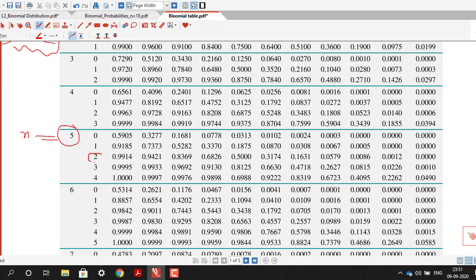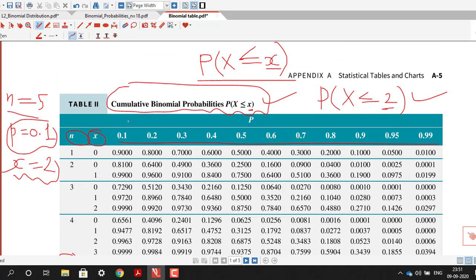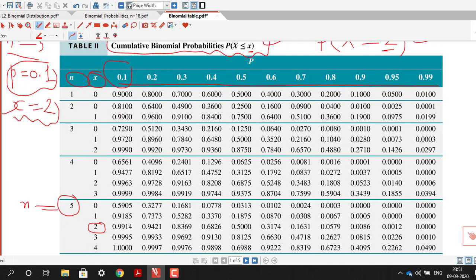So this is the row corresponding to x equal to 2. And we have to find out p equal to 0.1. So you can see this first column after small x is 0.1. So this is the column corresponding to 0.1. And this is the row corresponding to x equal to 2. So this row corresponds to small x equal to 2 and this column corresponds to p equal to 0.1.